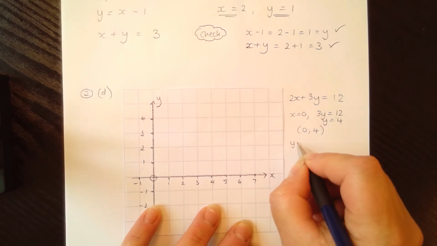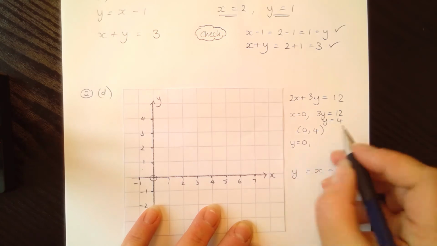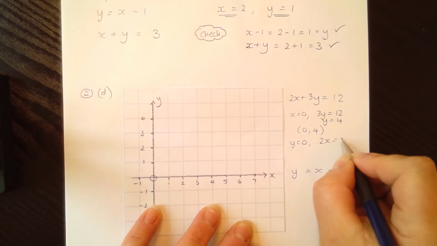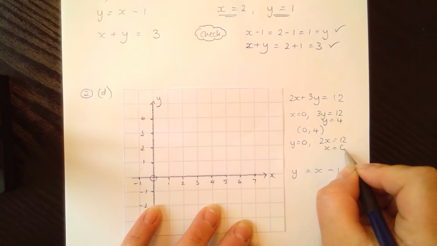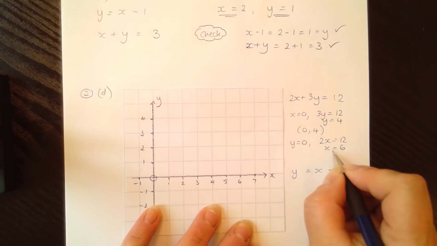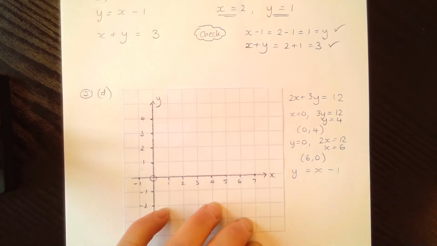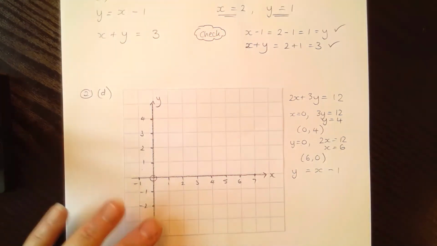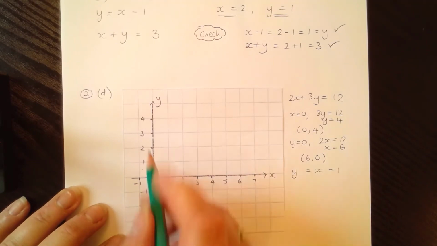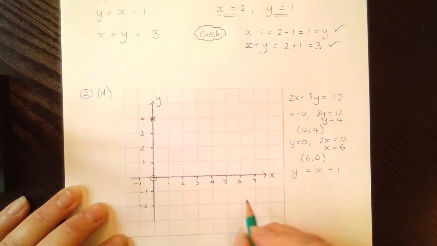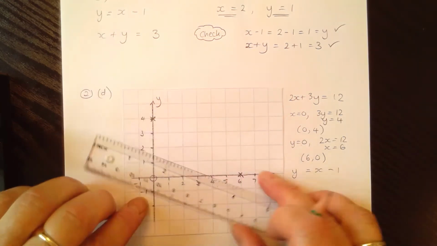And y is equal to 0, then 2x will be equal to 12, so x is equal to 6, so I have the point 6, 0. Make sure you get your coordinates the right way round. Let's plot those. 0, 4 is there, 6, 0 is there, join them up.